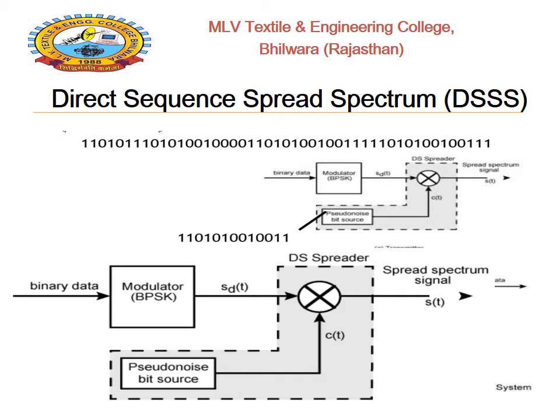At the transmitter, the input binary data is first given to the BPSK, binary phase shift keying. The input data is modulated by the BPSK modulator and generates s_d(t), which is given to the direct sequence spreader. The lower part is the pseudo noise source generator. Both are given to the DS spreader, and the final output is the spread spectrum signal s(t).